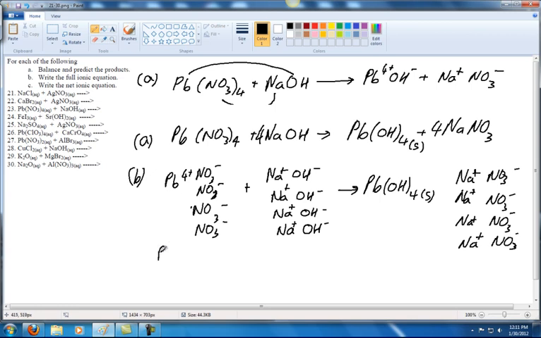I see one Pb4 plus. And we've got 1, 2, 3, 4 NO3 negatives, so that's what it's going to look like when it splits into ions. We've got 1, 2, 3, 4 sodiums, 4 Na pluses, 4 OH minuses, and we've got the Pb(OH)4 solid.